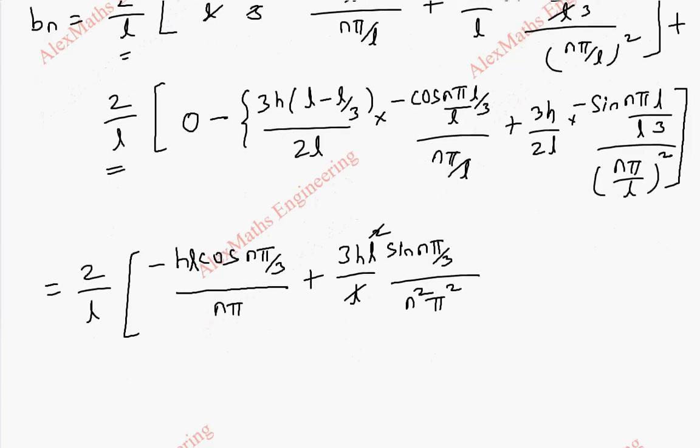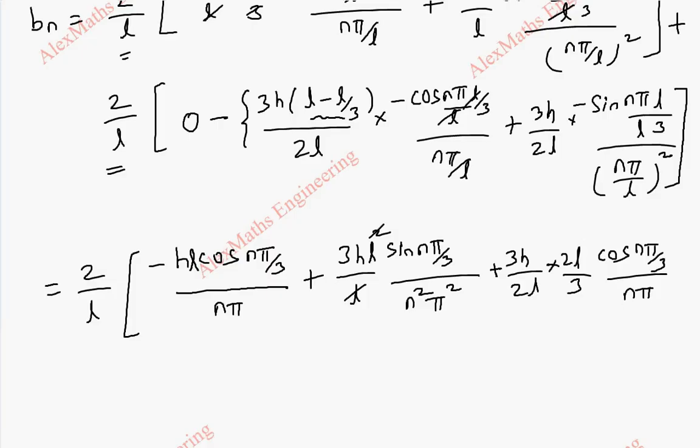Then L minus L by 3 is 2L by 3, and there is a minus sign. So minus 3h by 2L into 2L by 3, and there is a minus sign, so I can make this as plus, and cos n pi by 3 by n pi by L, that L will come here.